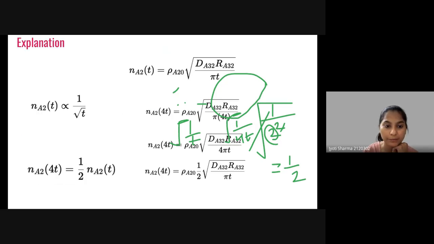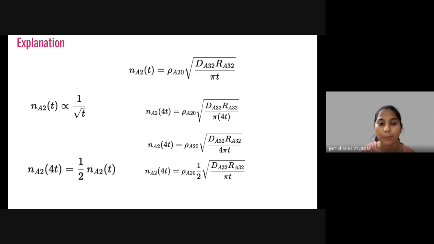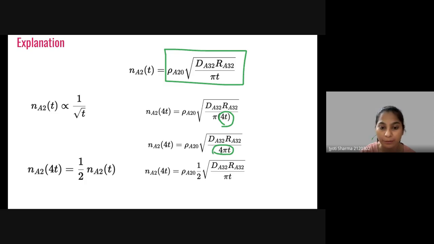Because this is your diffusion side flux, which is a function of time, if we are putting here 4t, we can move it outside as a 1 by 2, and then this will be half.